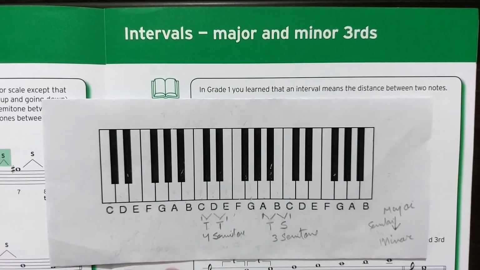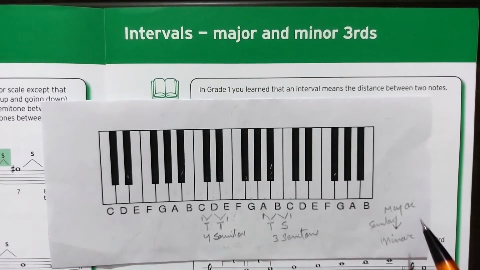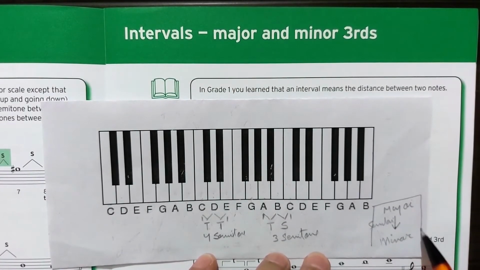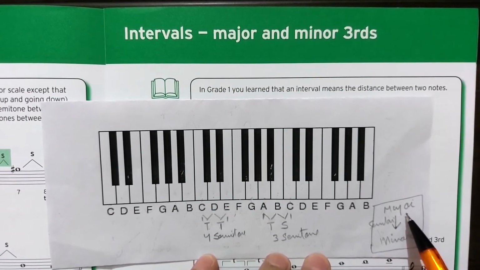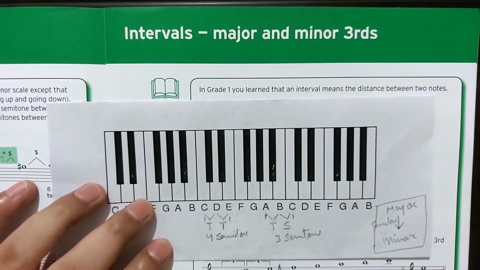Right now you're learning only the major third and minor third, but this formula goes with all the major intervals and the minor intervals. I hope you understood this much.